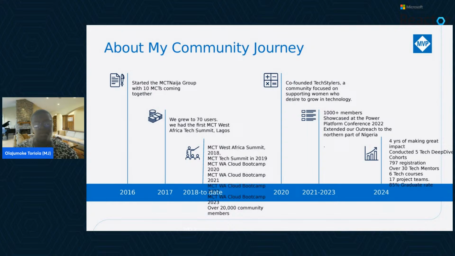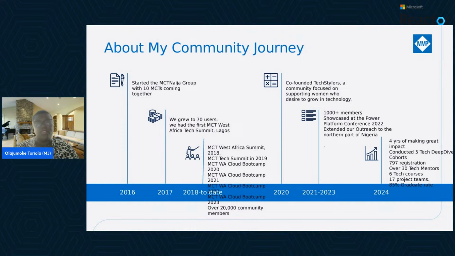It's been quite a journey, and very, very rewarding. I started my journey with 9 MCTs, Microsoft Certified Trainers, coming together, and we started the MCT Niger group. Niger was just a fun name for Nigeria. We started that in 2016, and the community grew with a vision to impact the tech community, especially around Microsoft technologies.